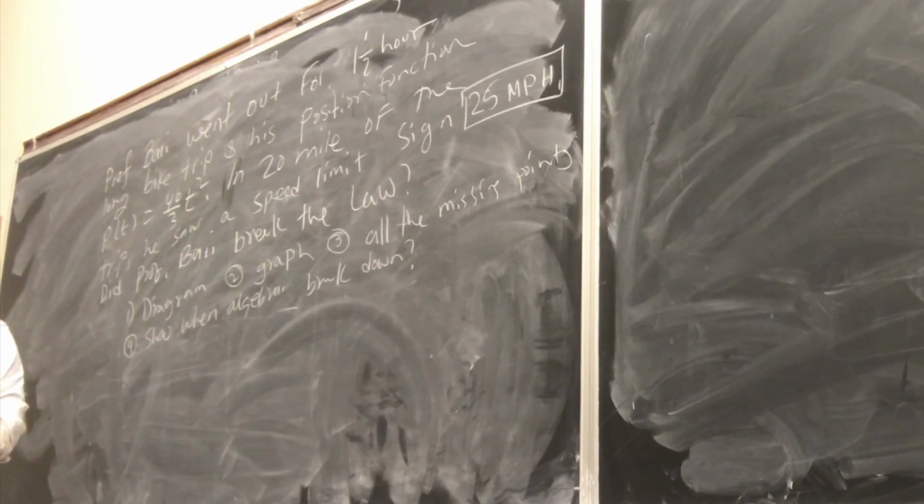Einstein's physics breaks down when you go close to a black hole. So everything has a limit. Algebra 2 has a limit. Algebra breaks down when you approach zero.